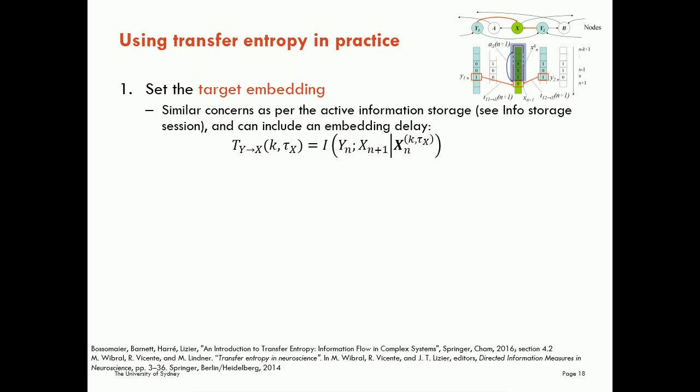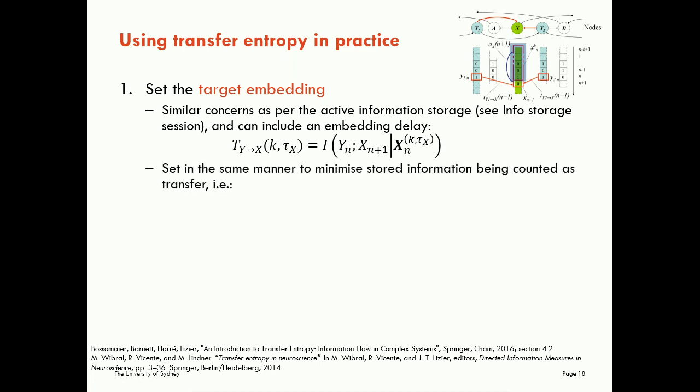We could embed every thousandth value. We could skip values. Instead of having consecutive k values, we could have every second value or every third value, and that's the tau parameter here, the embedding delay. So we have an embedding dimension k and an embedding delay on our past embedded state here. So we have similar concerns in setting that as we did for the active information storage.